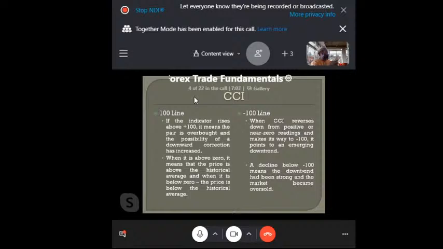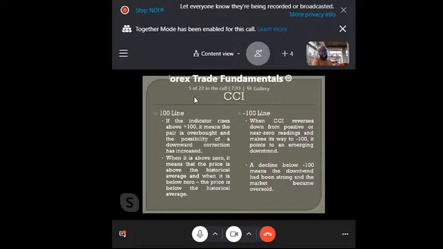Let's take the 100 line. What does it say? If the indicator rises above 100, it means the pair is overbought and the possibility of a downward correction has increased. The minus 100 line now.